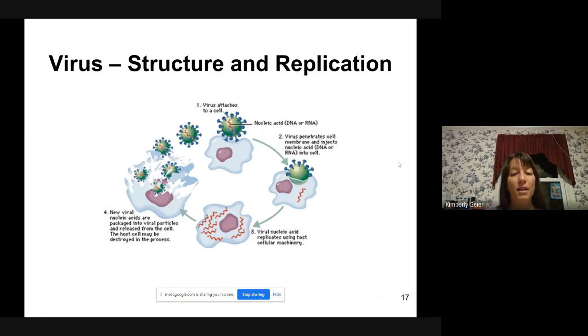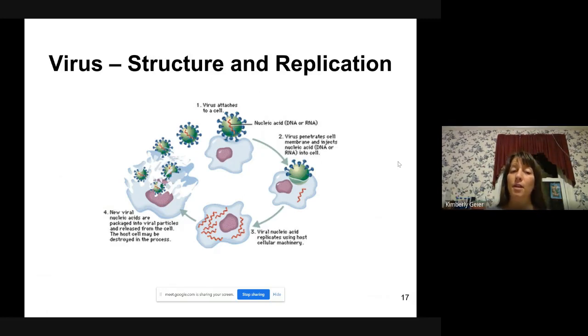It might get its entire virus self into the cell, or it might just inject its nucleic acid, so its DNA or RNA, into a cell. Then it convinces that cell to make copies of itself and to make more proteins.